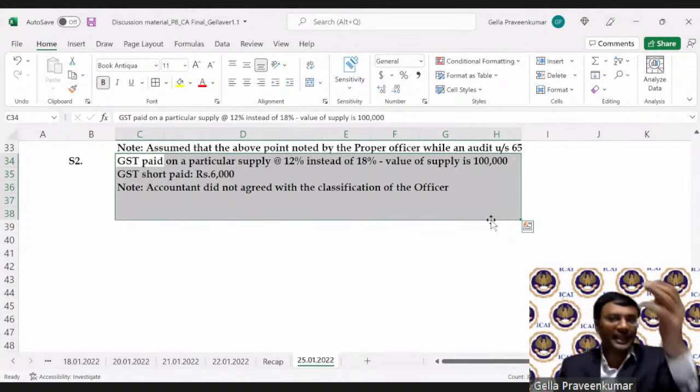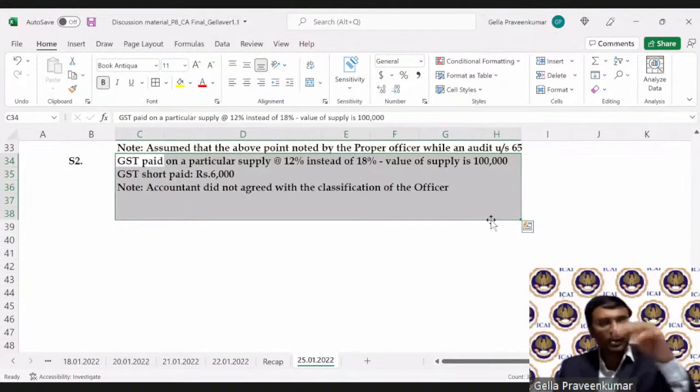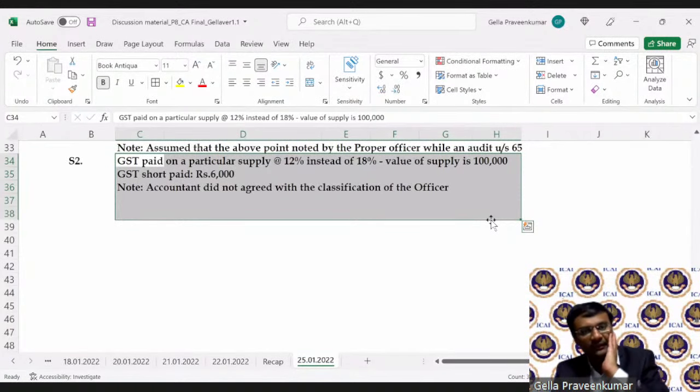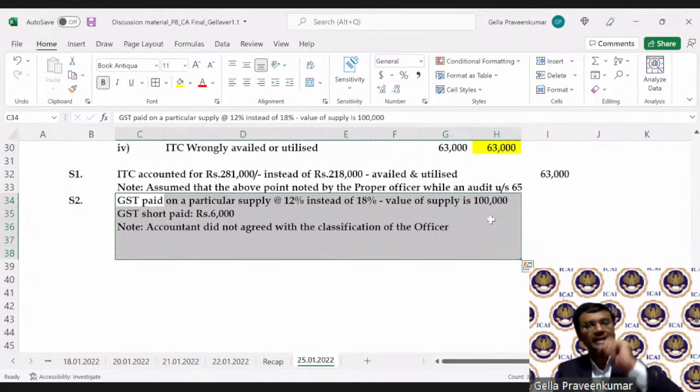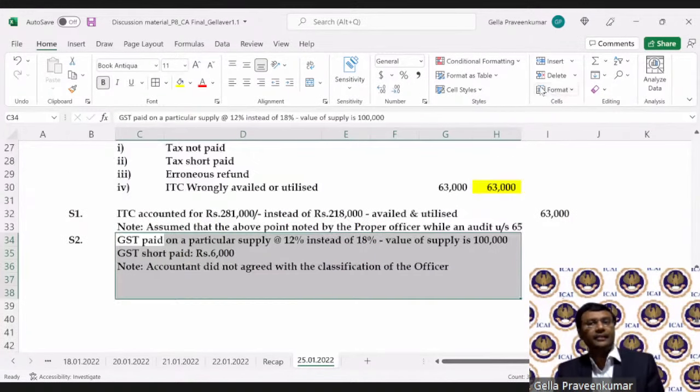You are supposed to pay 18%, 18,000, but you paid only 12%, that is 12,000. There is an amount of 6,000 which is short paid. Now, this is the contention, where the accountant says, no, sir, you are wrong, your interpretation is completely wrong. It should have been at 12%. Say, job work transaction. Now, where do you put this transaction, 73 or 74? This particular 6,000, we will put under 73 or 74.